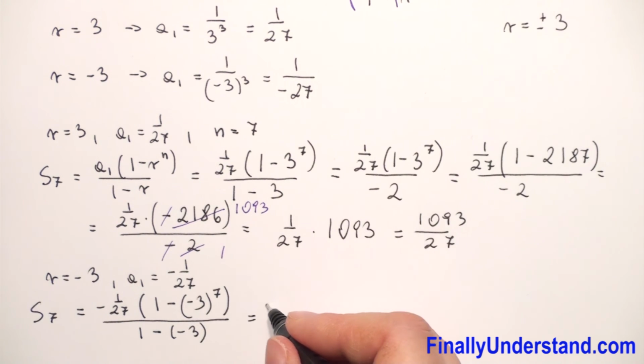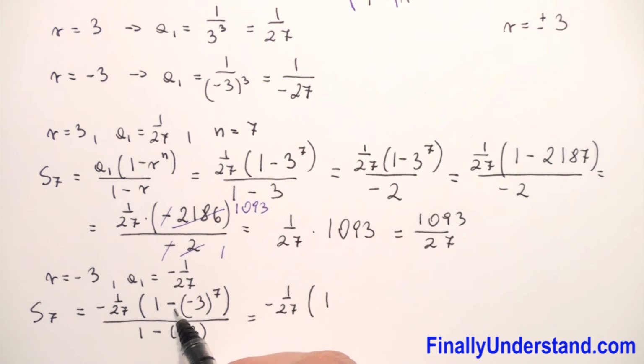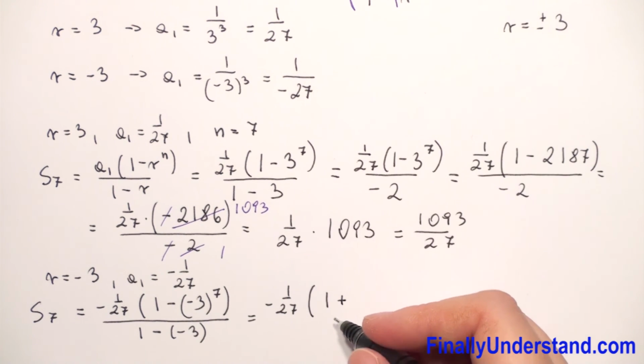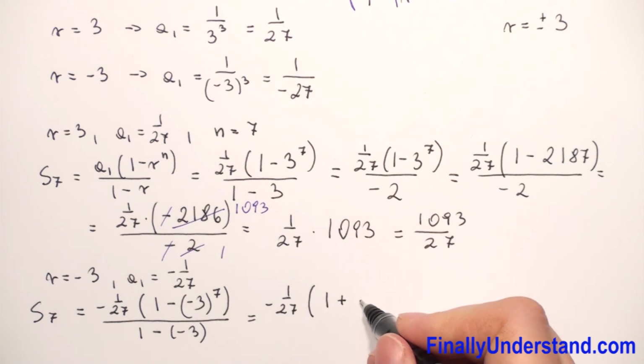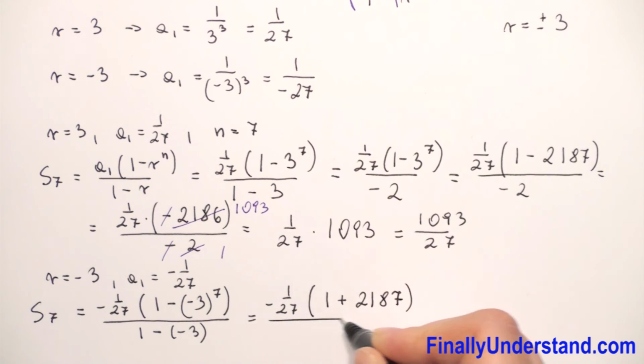So this is equal to -1 over 27, we copy, in parentheses we will have 1, negative sign we have, and (-3) to the 7th power. The power is odd, so the negative sign will stay, so negative and negative give me positive, and 3 to the 7th power we have here, so this is 2187 over, and we have 1, negative and negative giving positive, 1 plus 3, so this is 4.